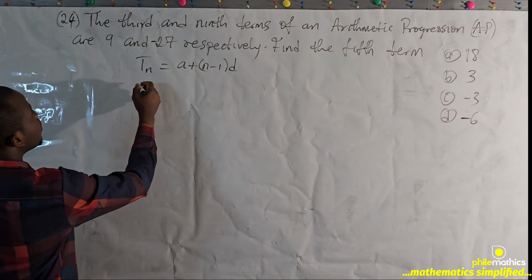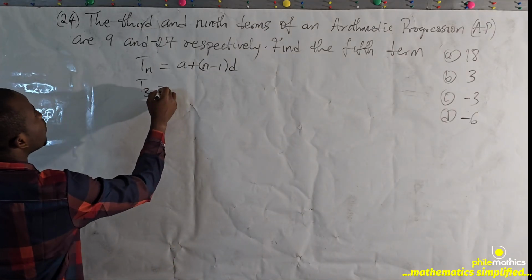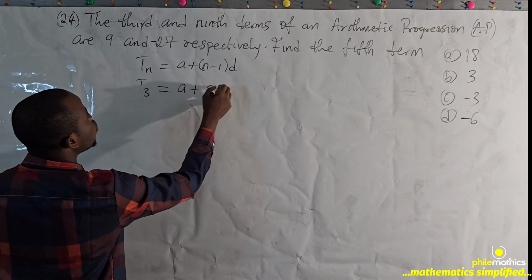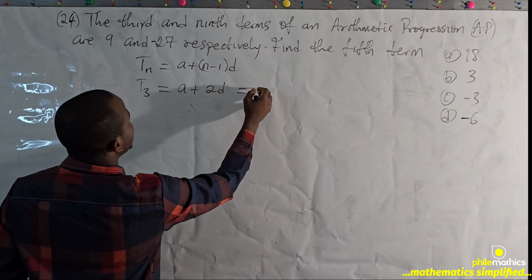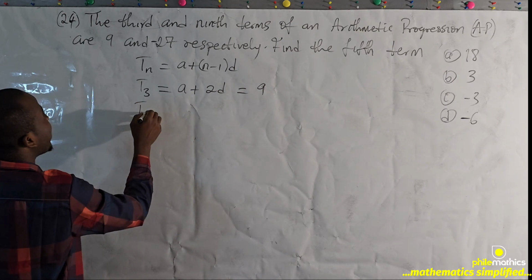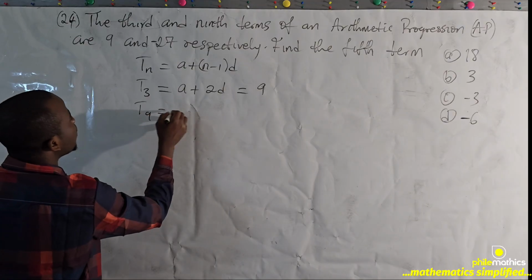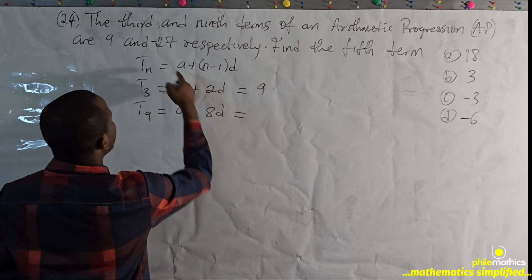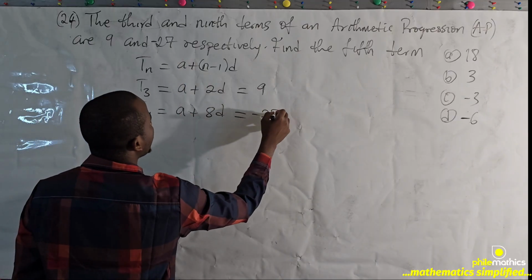So the third term is given as A plus (3 minus 1), which is 2D, equals 9. And the ninth term, A plus (9 minus 1), 8D, we are told is minus 27.